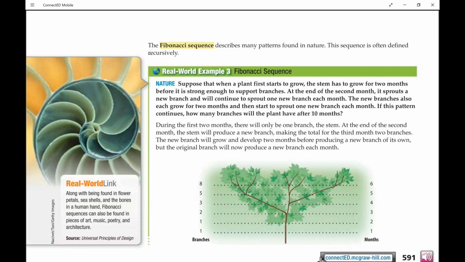Then you've still got the 1 branch. Then another branch grows, so now you've got 2. Then another one grows, so now you've got 3. Then each one sprouts a little bit more, so you've got 5. And then each branch sprouts another one, so you've got 8. And then if it continues like this, it'll be the Fibonacci sequence. Isn't that cool? Come on, that's so cool, right?